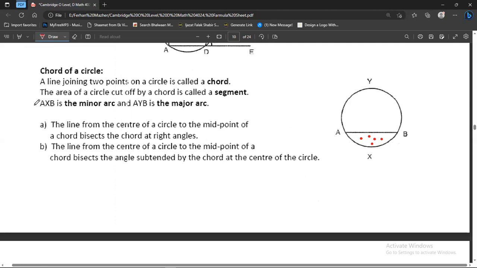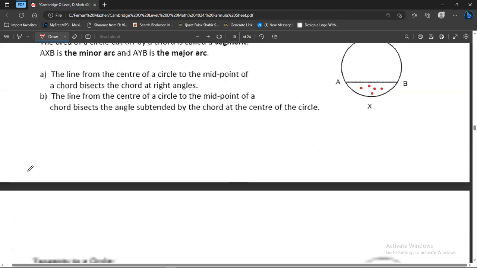The line from the center of a circle to the midpoint of a chord bisects the chord at right angles. It also bisects the angle subtended by the chord at the center of the circle.